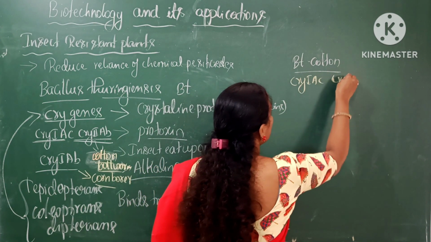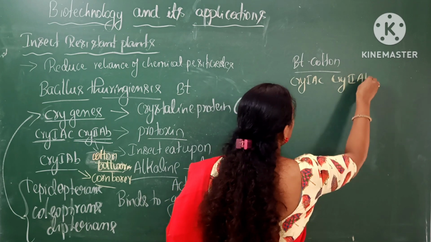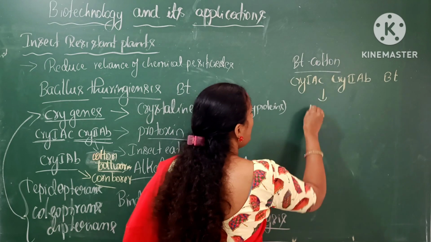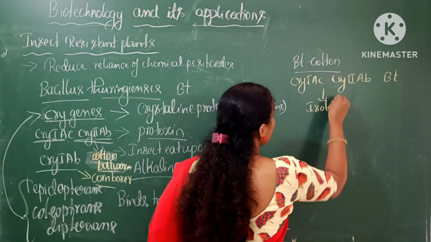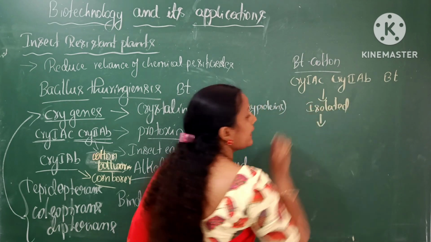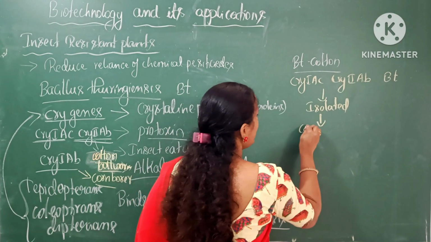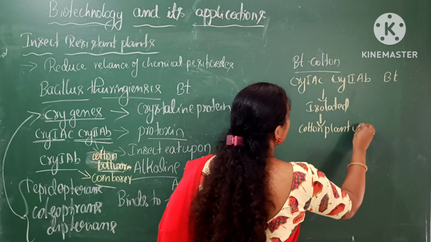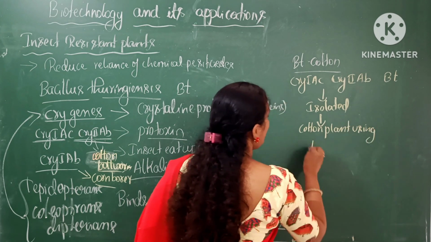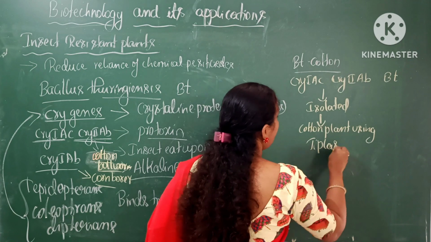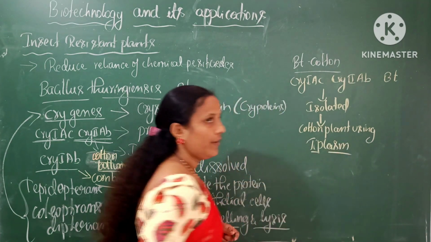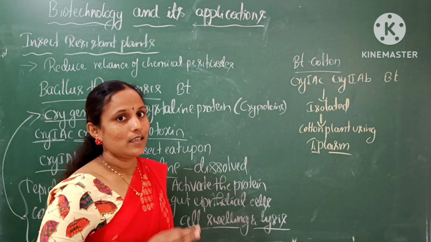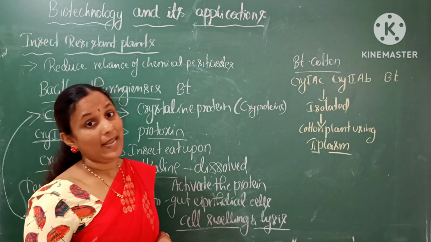Cry1AC and Cry2AB genes from Bacillus thuringiensis were isolated and they are incorporated into the cotton plant using the Ti plasmid of Agrobacterium tumefaciens that we have studied in the previous chapter, the vectors for gene transfer into plant cells.